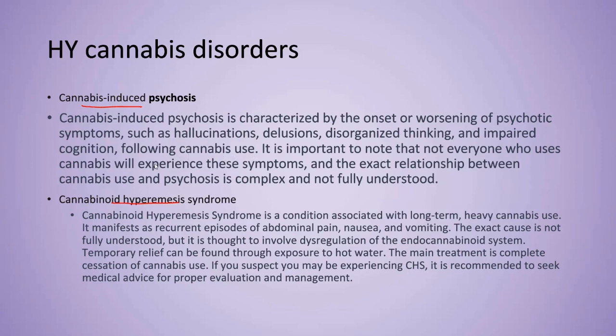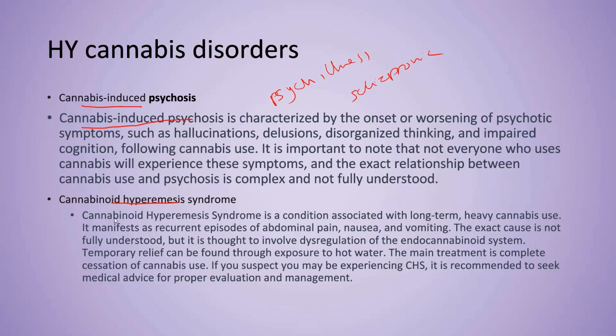It's important to know that not everyone who uses cannabis will get these symptoms, but it is possible. In some cases, you'll have a history of psych illness in the family, or you're prone to developing schizophrenia too. So these patients usually do have cannabis-induced psychosis.